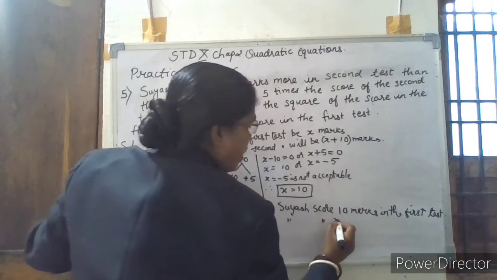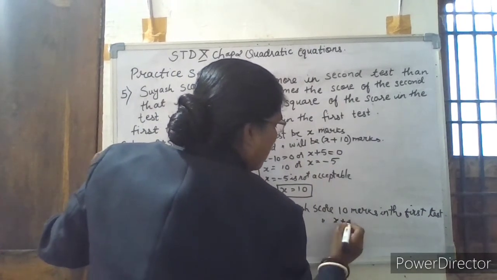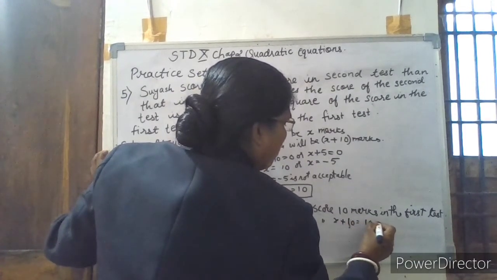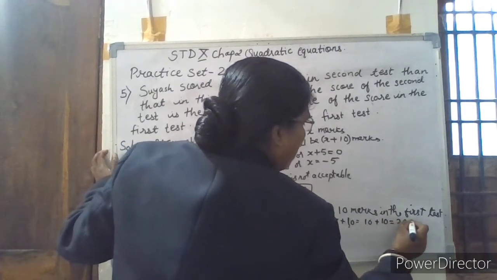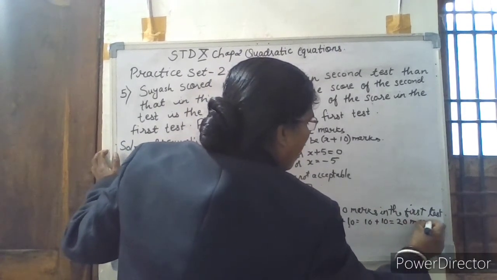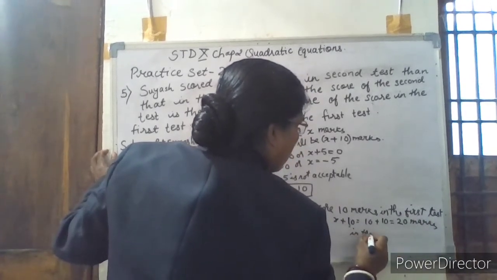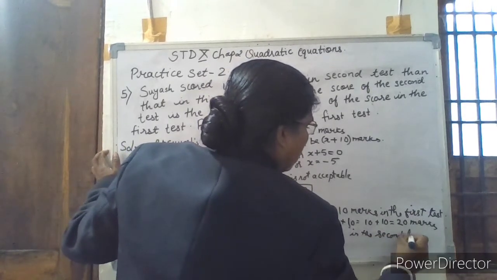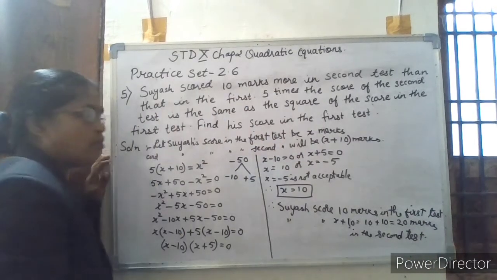X plus 10 is equal to x value 10 plus 10 equal to 20 marks in the second test. So this is the solution of this question.